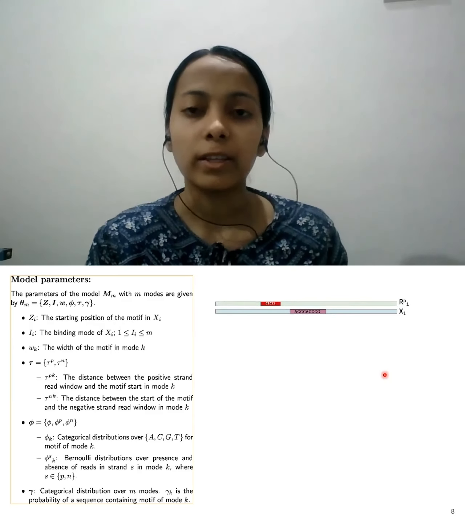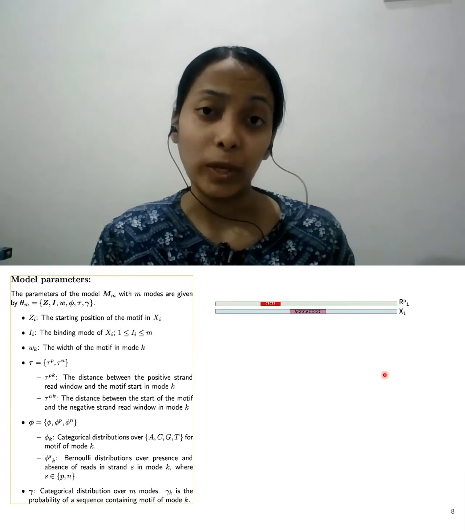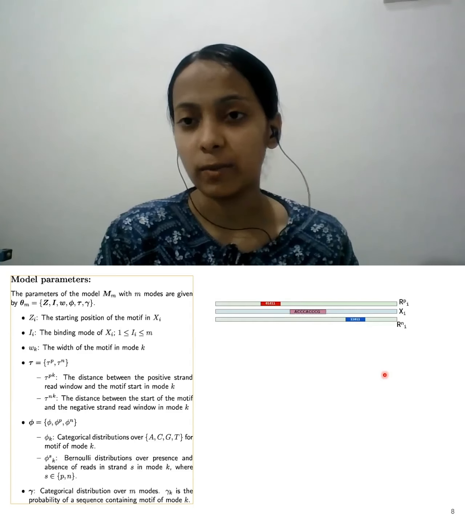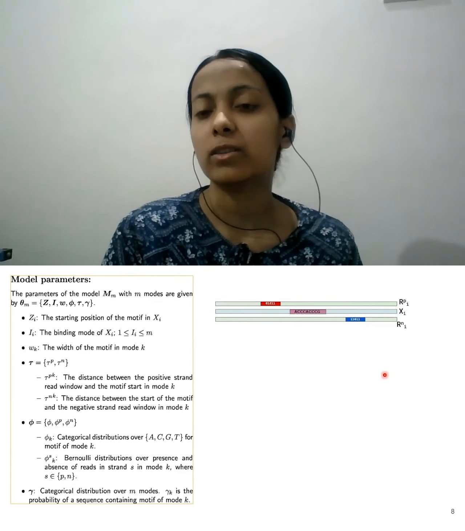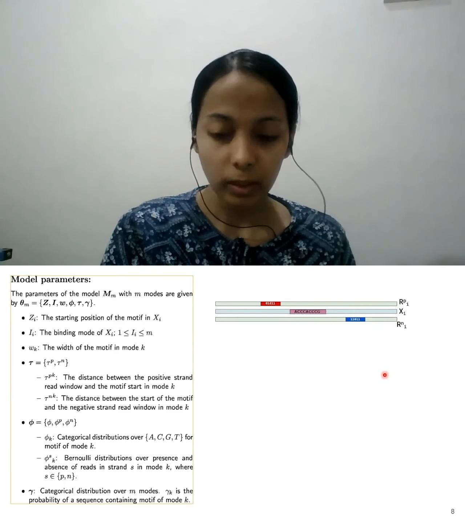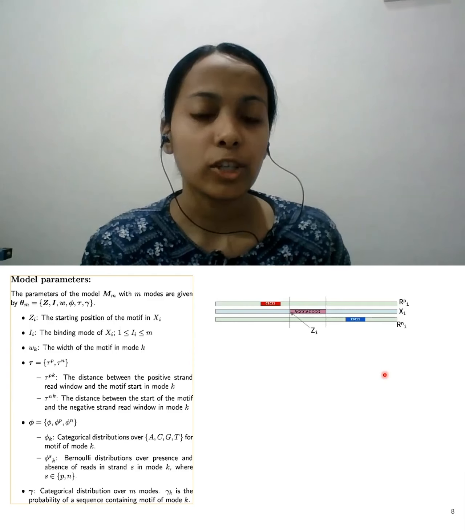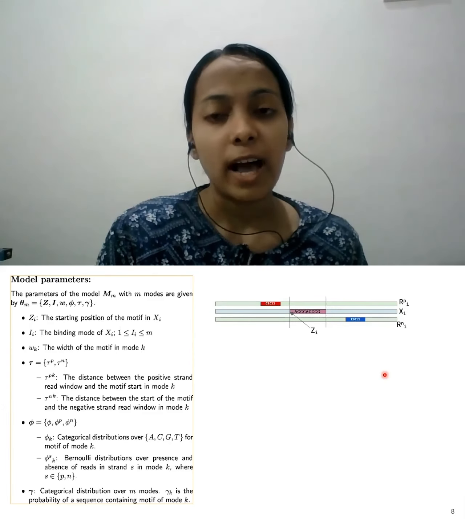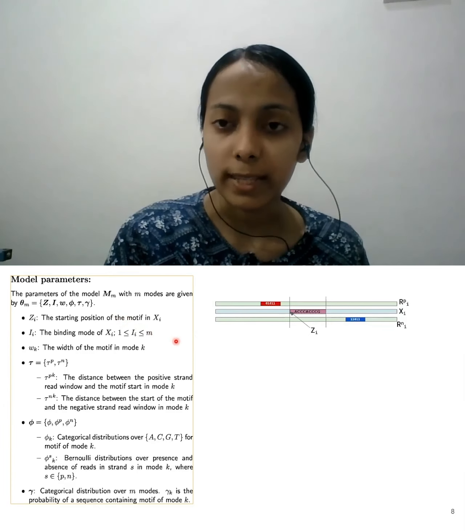It will have the read window somewhere to the left, and we consider a 5 bases read window only. Similarly, we have RNi, which will be the negative strand read counts, and it has a read window of 5 bases somewhere to the right of the motif. Now, the parameter Zi would denote the start position of the motif in each of these DNA sequences Xi. Then we have Ii, which would denote the binding mode for the sequence Xi.